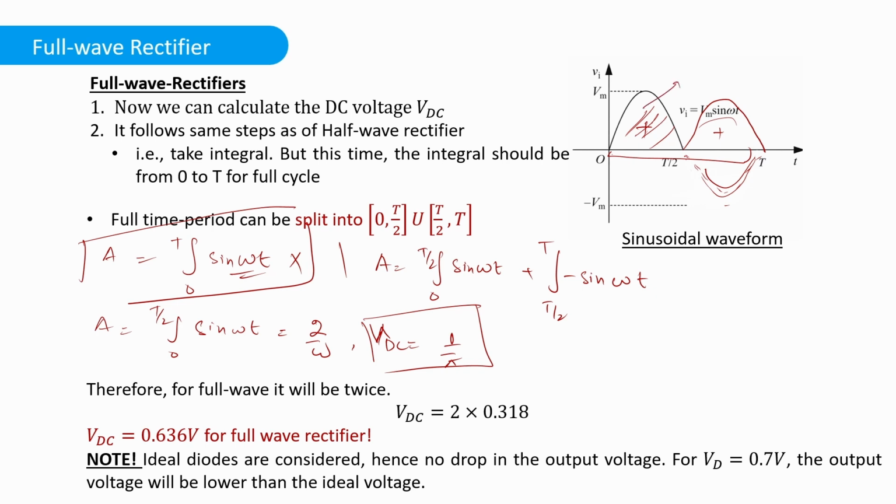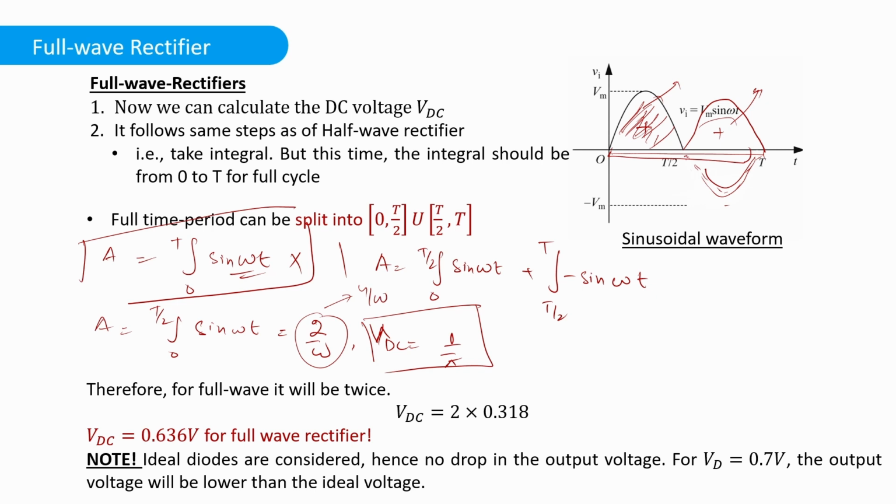This is 1 times, and then this is 2 times. This is the same path, but just moved from T/2 to T. So I can simply multiply this area by 2 to obtain the area from 0 to T. And then once we obtain that area, we will multiply it by 2. So this will become 4 by omega.